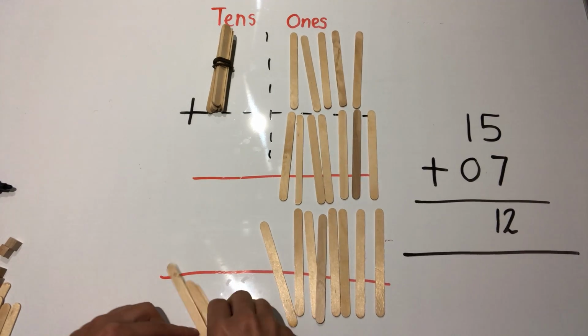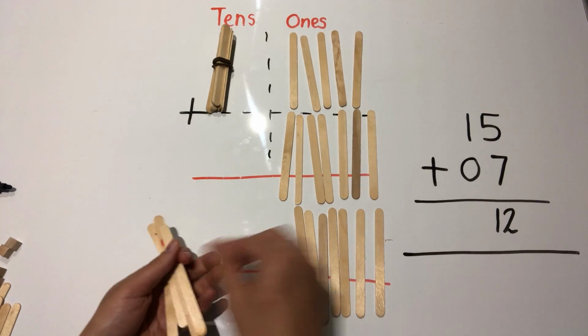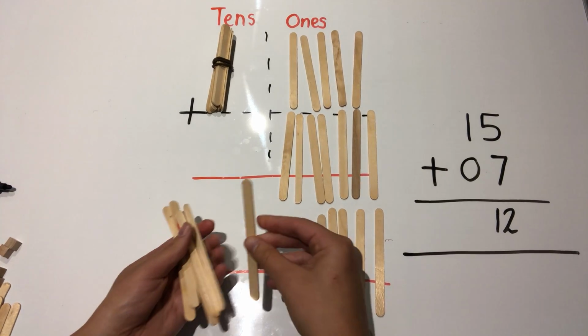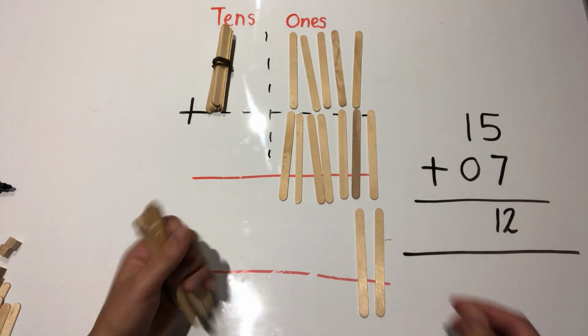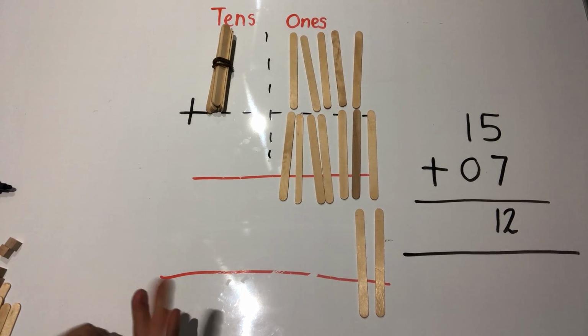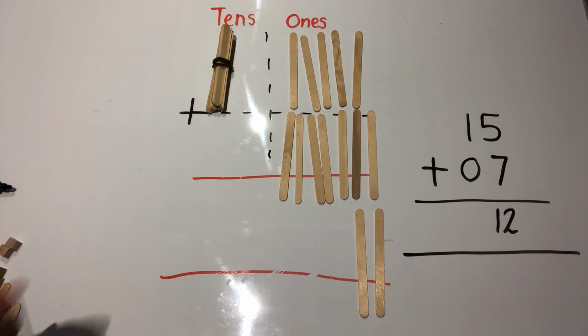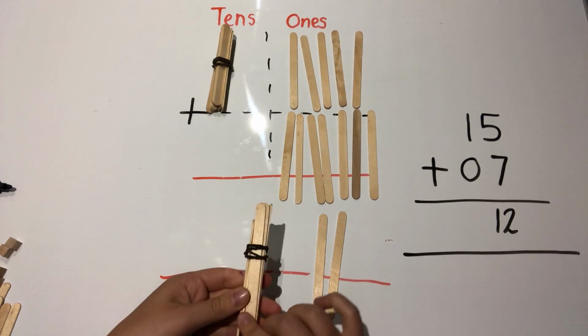So we've got 1, 2, 3, 4, 5, 6, 7, 8, 9, 10. So we can bundle this up to make a 10. So 12 ones is the same as saying 2 ones and 1 ten.